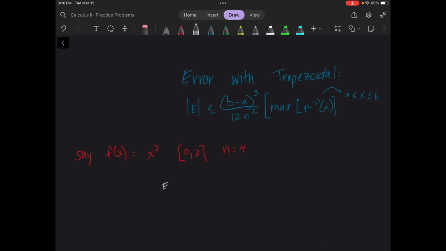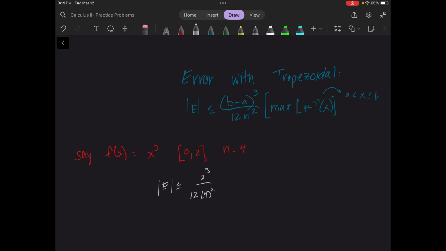If you used only 4 trapezoids over this interval, how does that area compare to the actual area? So let's see. The absolute value of the error is going to be less than, what is b minus a? It is 2 cubed over 12 times n squared.